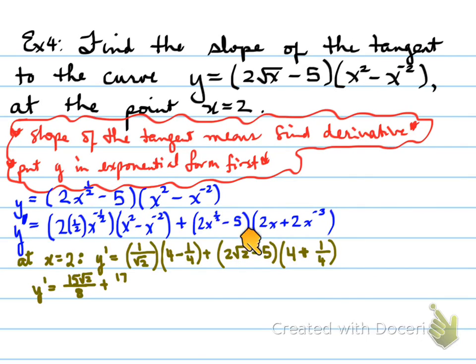Plus, now where did the next one come from? Let's look here. This is 17 over 4. 17 over 4 times 2 root 2 turns itself into 17 root 2 over 2.